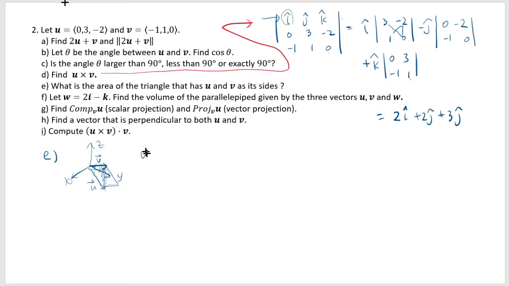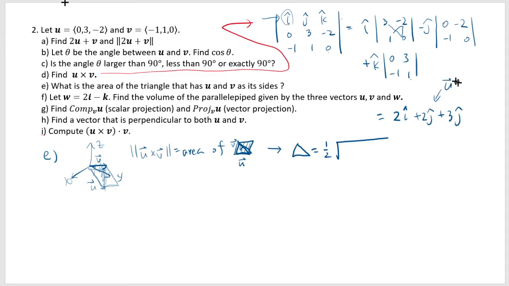And if you recall, the norm of U cross V is the area of the parallelogram formed by vectors U and V. And since we just want half of that, we need the triangle. So that means the triangle's area would be half of the norm of this vector.